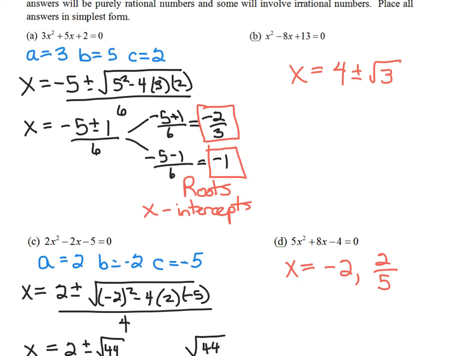For D, my two solutions are rational answers, x equals negative 2 and x equals 2/5. Whenever I end up with two rational answers for a quadratic equation, that means that quadratic could have been factored. So that would have been an alternative way to solve this quadratic for the roots. If you have any questions, please come and see me during activity period.